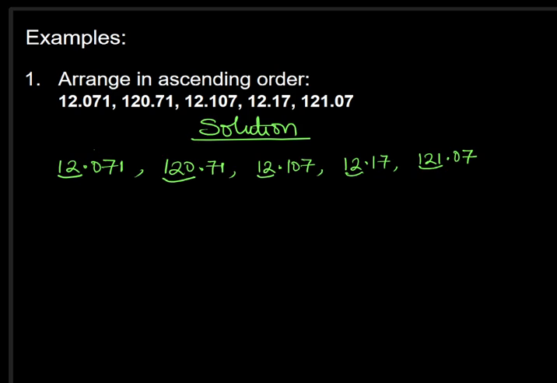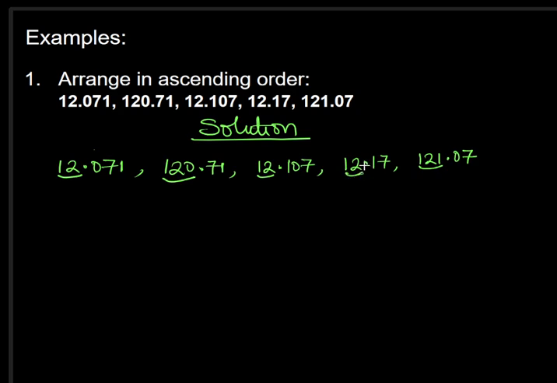Sometimes you may not need to enter the fractional part, but you only need to go to the fractional part when the whole number part becomes the same. For example, this one is 12, this one is 12, and this one is 12.